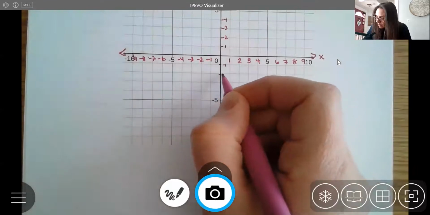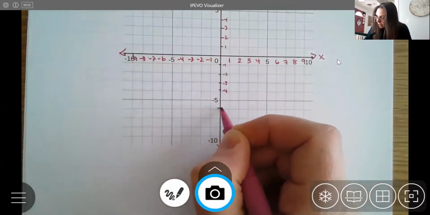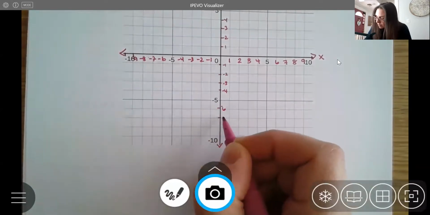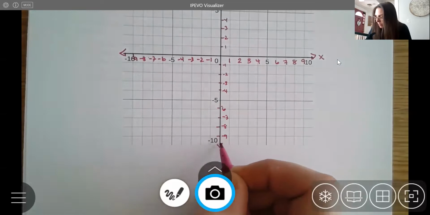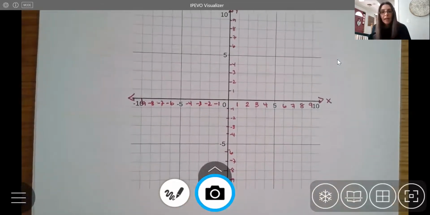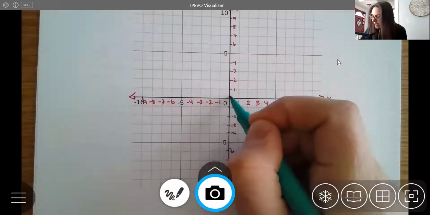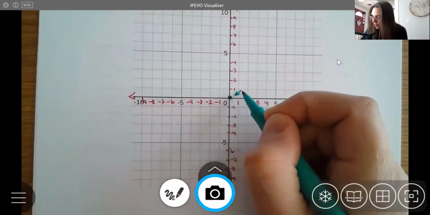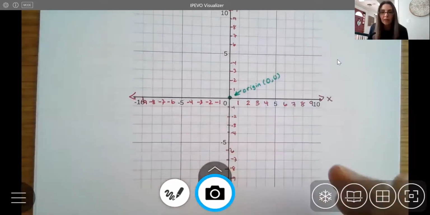So negative 1, negative 2, negative 3, negative 4, negative 5, negative 6, 7, 8, 9, and then again, negative 10, just labeled funny, is down there. In your center, you have 0 here. And actually, this point is a special point on the graph where those lines intersect. That point is called the origin, and it's the point 0, 0.